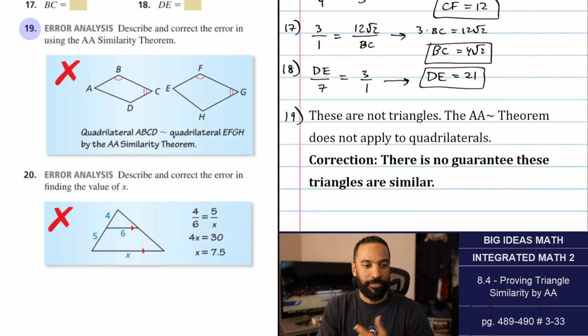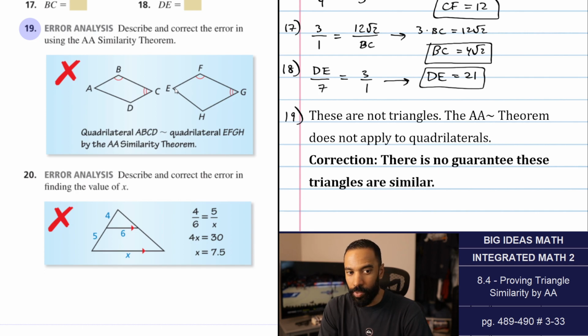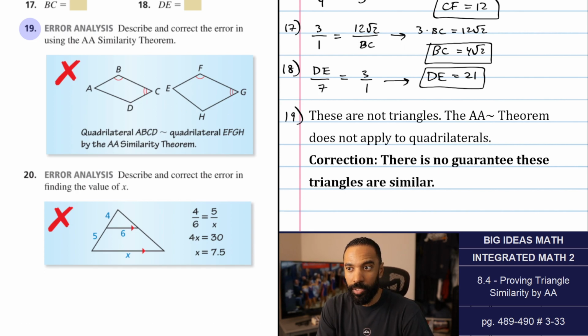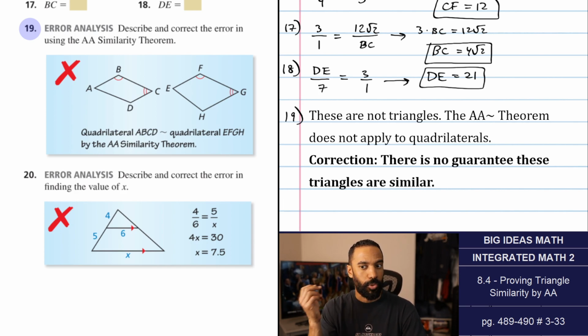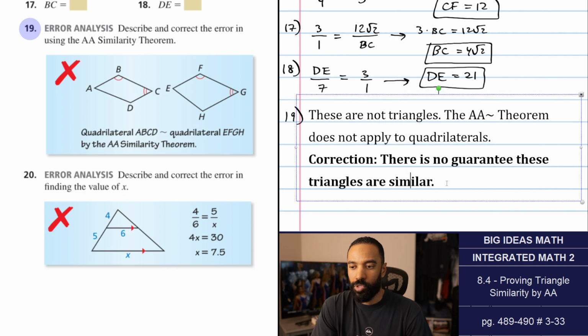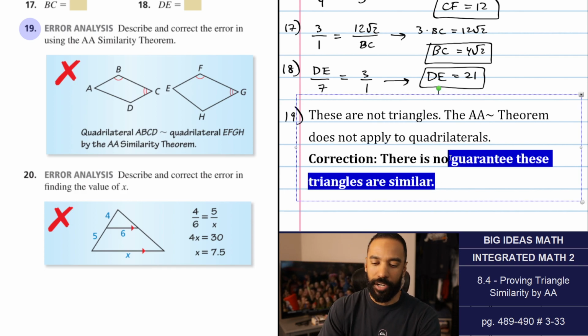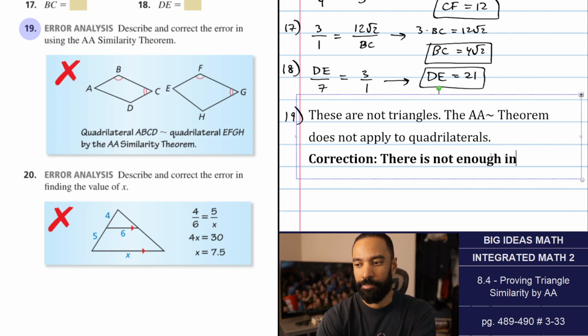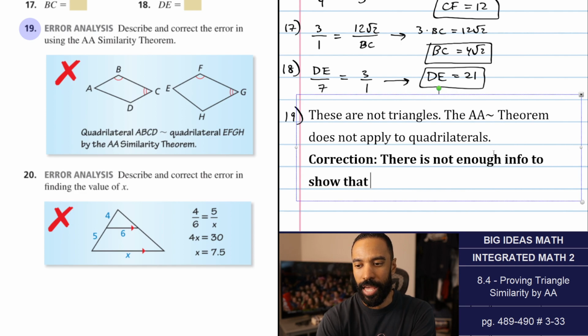Here, we do have two sets of corresponding angles, and it's possible that D is congruent with H and A is congruent with E, and those would have to correspond because of the order in which they arrive. It's possible the triangles are similar. We just don't have enough information. So how about there's no guarantee? There's not enough info to show that these quadrilaterals are similar.